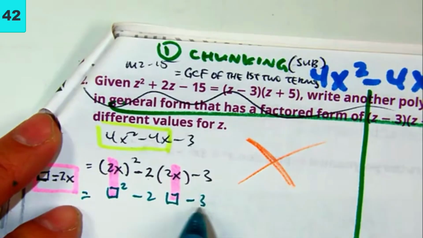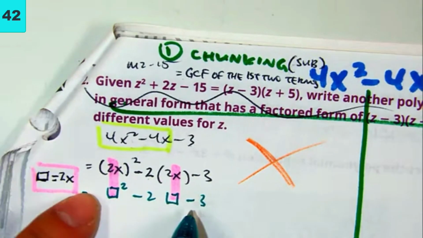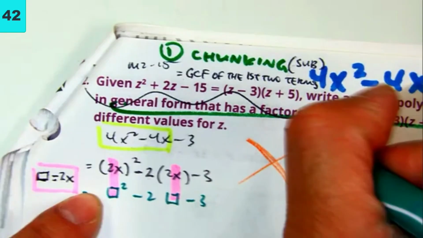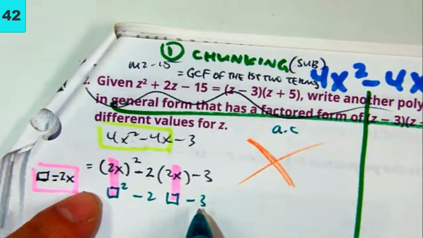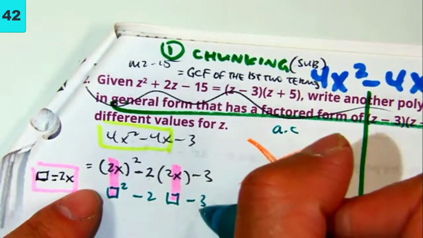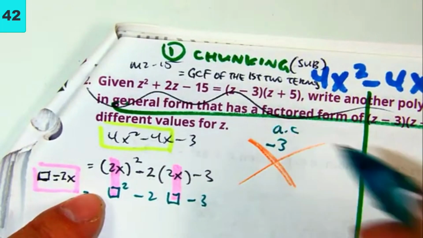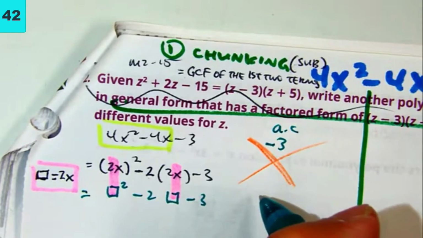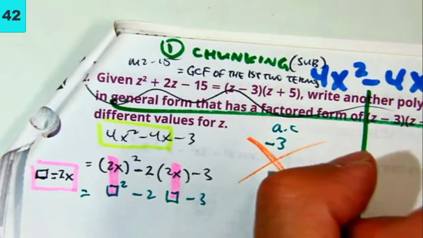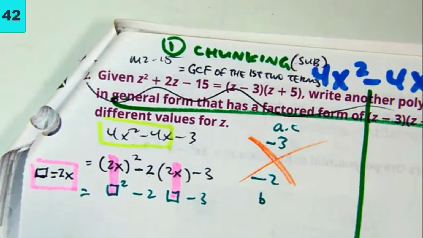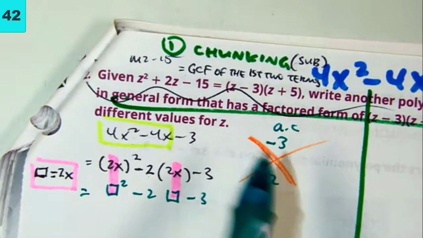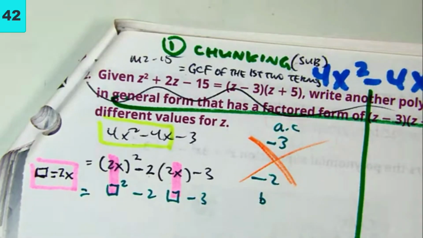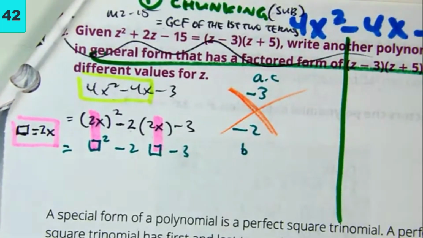Let's review the x method. Now I'm doing it from right here. A times c, what's my a value, class? 1. And your c value? Negative 3. So a times c is negative 3. What letter goes down here? The b value. What's your b value? Negative 2. Partner A, whisper to partner B, what are the two numbers that go there? Juan, what are your two numbers?